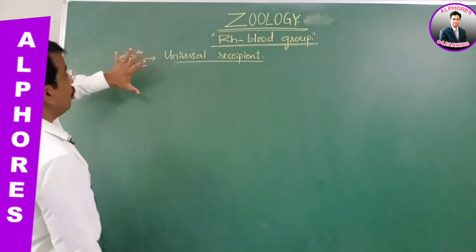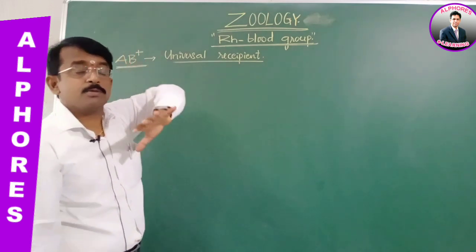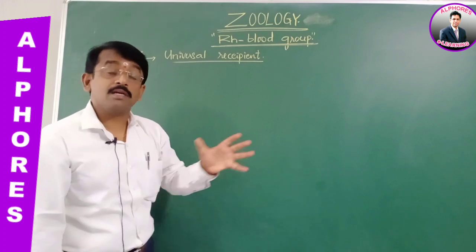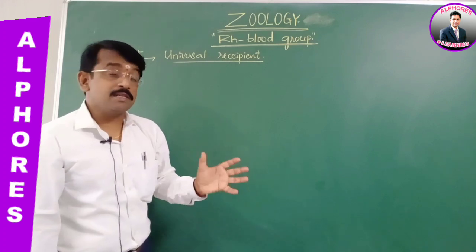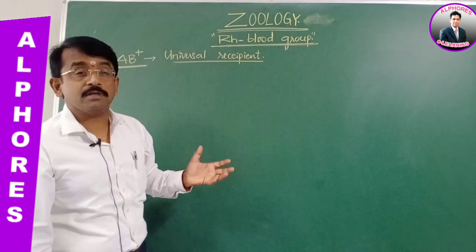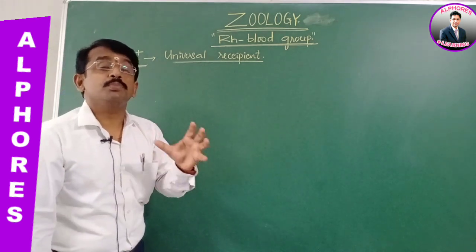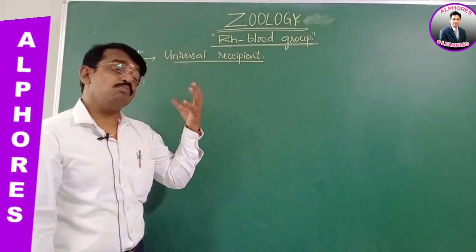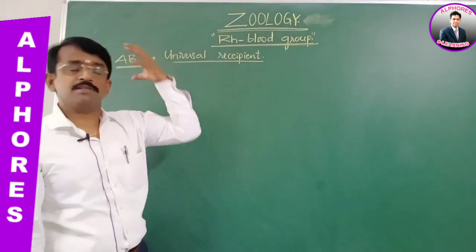So it is correct to transfuse negative blood, and it is correct for the donor to be negative when the recipient is positive, in majority cases, in all cases.